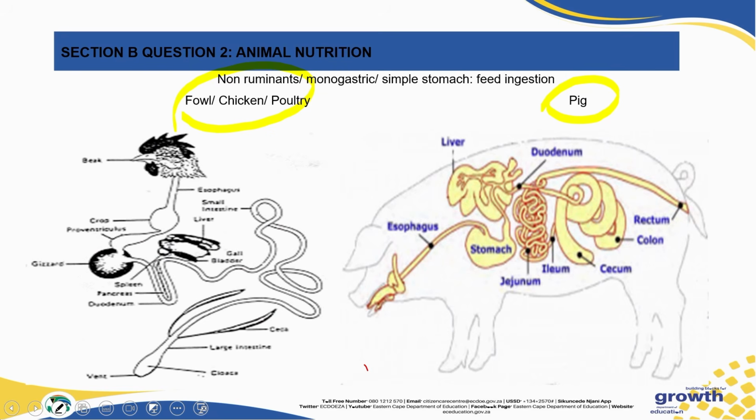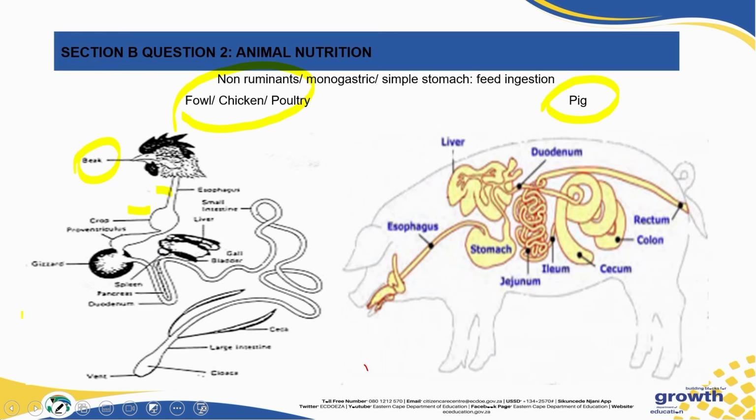When a fowl ingests food, it takes in food through the beak, and then food goes down through the oesophagus, down to the crop. So this is the first part where food lands after it has been ingested by a chicken. It lands into the crop.